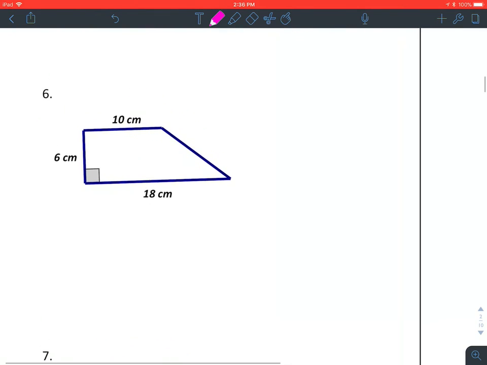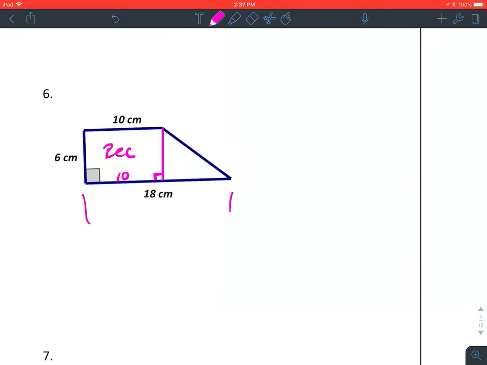Number 6. If we break this apart, the one thing that we're missing is we don't know what this length is here. To figure that out, I'm going to draw a segment that is perpendicular to this side. That makes this here a rectangle. So if it's a rectangle, that makes this side 10.